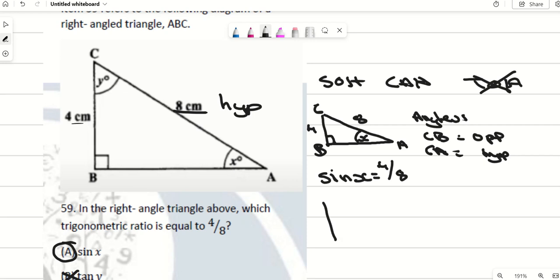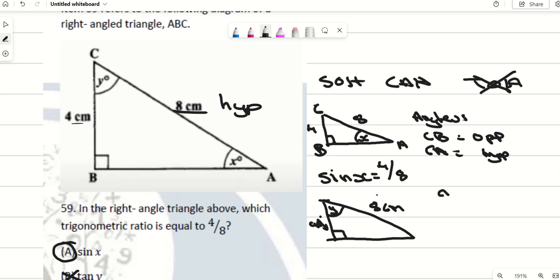Now if you're using angle Y as the angle in question, this will still be your hypotenuse. Your hypotenuse is always the side that is opposite the 90 degrees. If we're using Y as our angle, this side here, CB, would now become your adjacent, because your adjacent is the side that has your 90 degrees and the angle in question. So now we're using adjacent and hypotenuse.